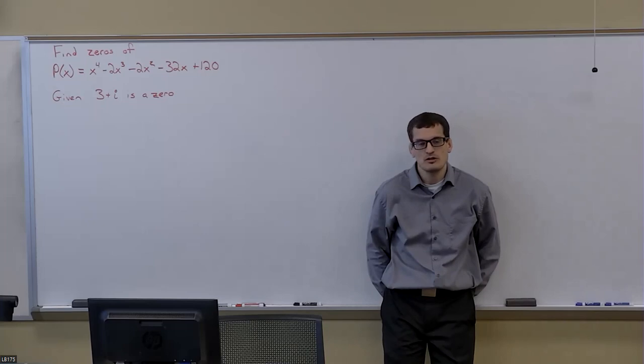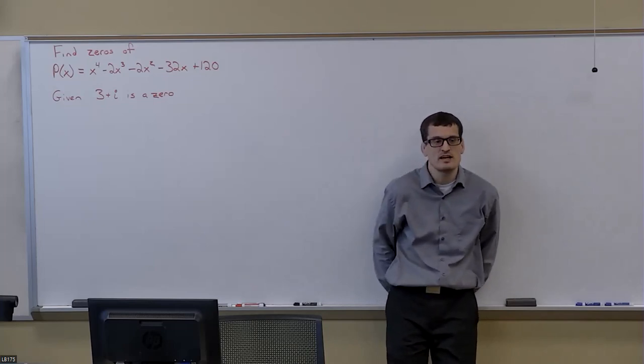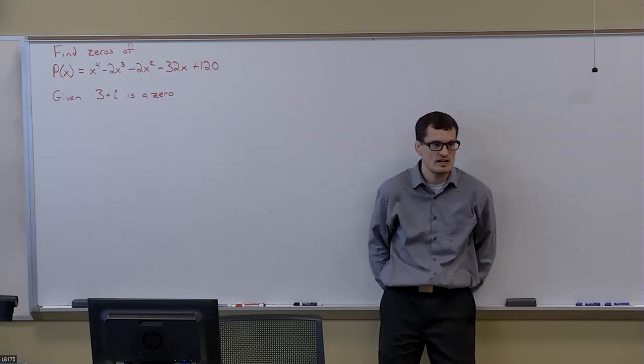Well, it has real coefficients. And we have a complex zero. Therefore, the complex conjugate also has to be another zero, right? I know that if I have real coefficients, then complex zeros have to occur in conjugate pairs.